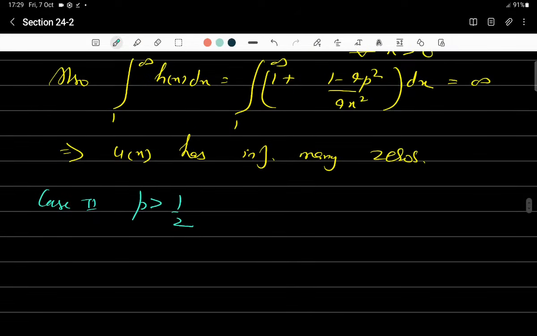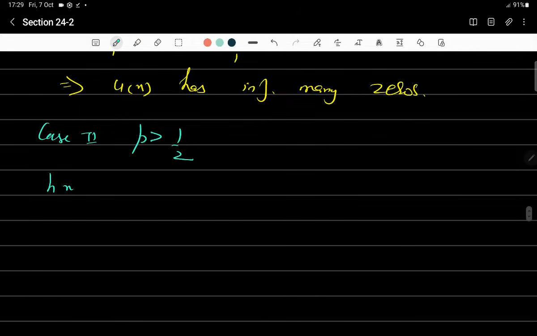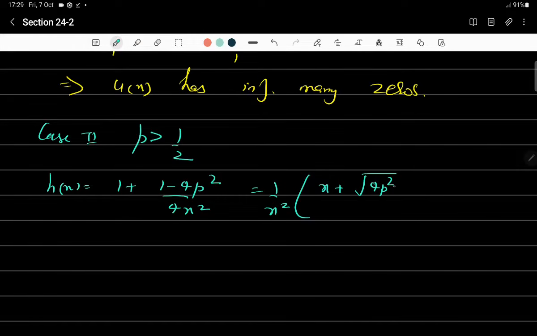So in that case, I will write h of x as 1 plus (1 minus 4p square) by 4x square, which is 1 by x square, and I write it as (x plus root 4p square minus 1 by 2) and (x minus root 4p square minus 1 by 2).